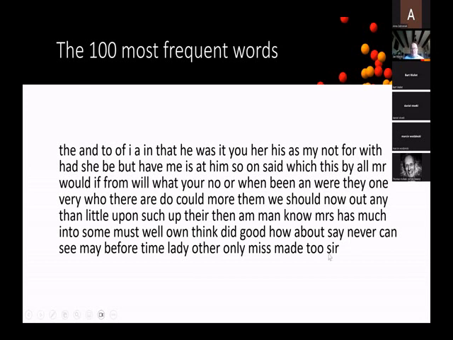In the last line, towards the 100th position, we have both lady and sir. That suggests it's a literature from a time when people were still more or less civil to each other. Anyway, let me show you immediately what this is coming from.